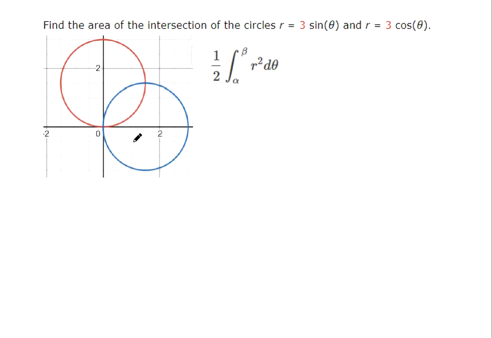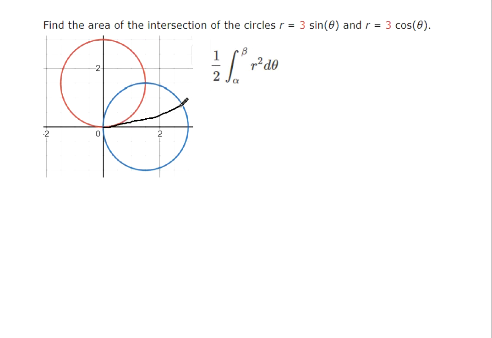So when setting up the integral, remember this blue is r equals 3 cosine theta, and red is r equals 3 sine theta. So if you're not sure how to make that integral happen, remember what r is. R is the distance from the origin to wherever you're going to end your graph. So this is r when theta equals 0.